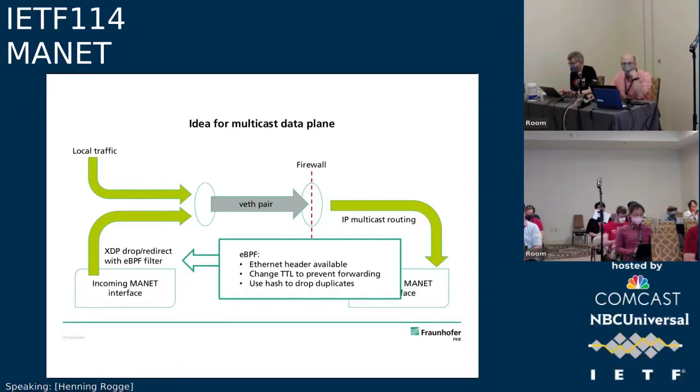So this could be a way to completely do the whole forwarding chain inside the Linux kernel without writing new kernel code. Because from my point of view, writing a new kernel module just for Manet, I don't think this is feasible. Well, most likely the module will either not be accepted or will age badly.